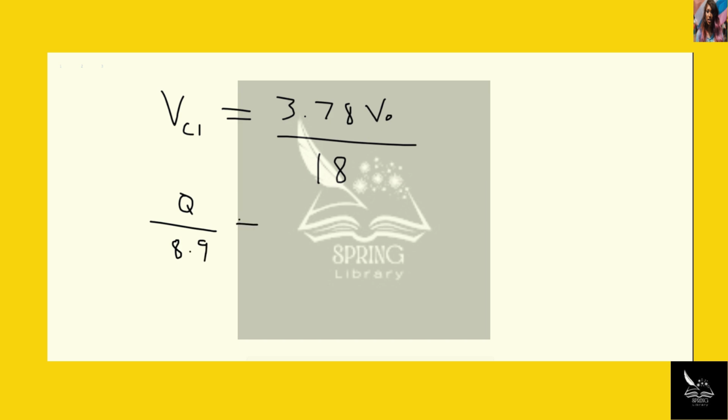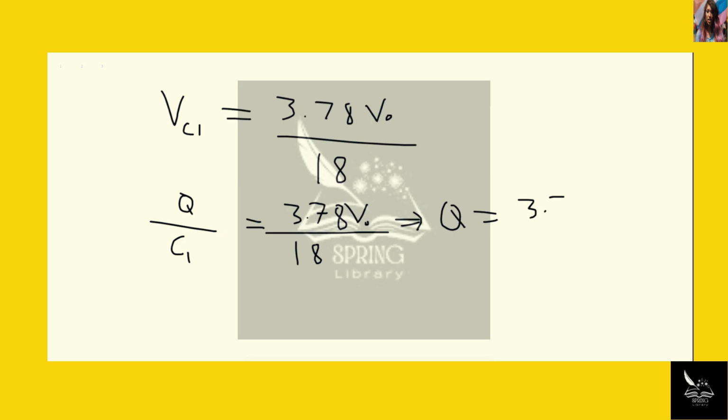You know what? Let's not write the value of C1 yet. Let's keep it as C1. So Q divided by C1 equals 3.78 V0 divided by 18. This gives you Q equal to 3.78 C1 V0 divided by 18.